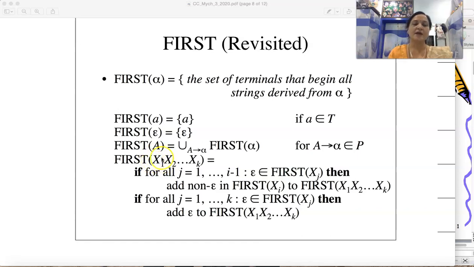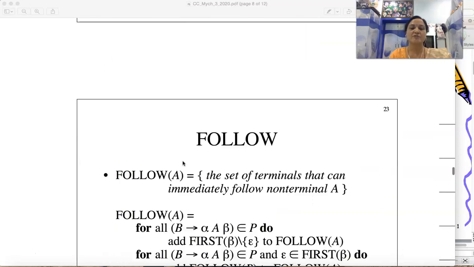In that case, I have to take first of x2. If x2 is also deriving epsilon, then I will have to go for first of x3 till xk. So this is a generalized rule: if the first 2, 3, 4 non-terminals are deriving epsilon, then we have to go for the next non-terminal to compute the first value. So these are the rules for computation of first.